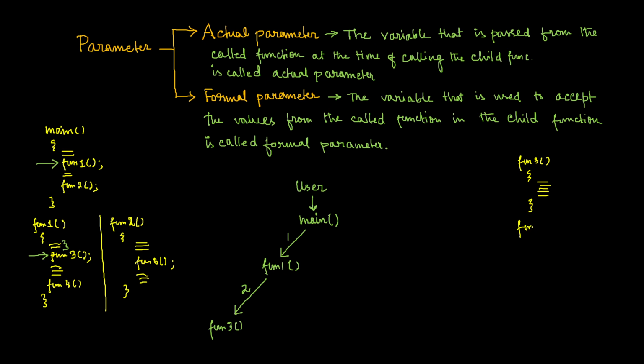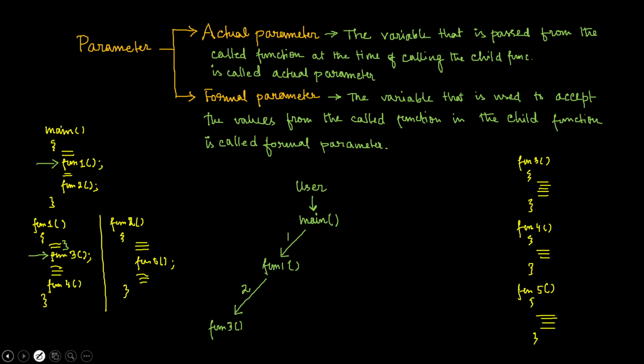Similarly function 4 has some set of lines, and function 5 has another set of code. From functions 3, 4, 5 we can see that they are not calling any more functions. That's clear, right? So there is nothing to call from function 3 below.